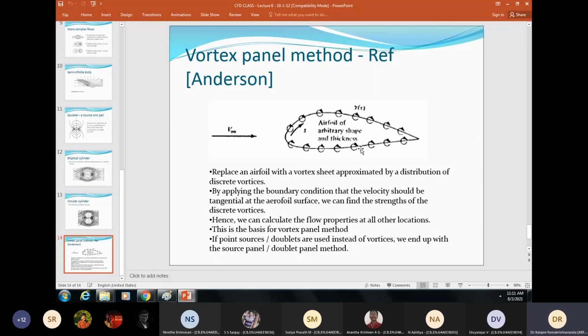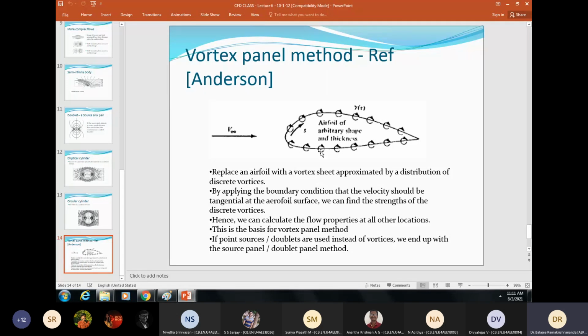Now how do you find that velocity? You have the potential for the free stream, phi. Then assume that the potential of all this is unknown. In other words, consider them as vortices, each panel replaced by a vortex of strength gamma 1, gamma 2, gamma 3, and so on up to gamma n.